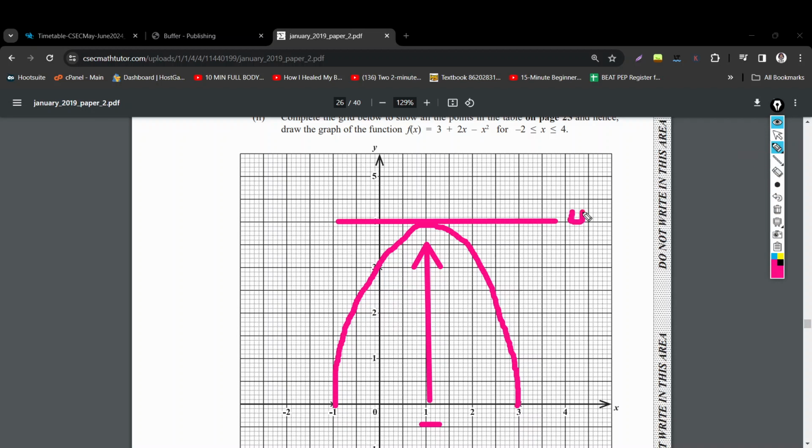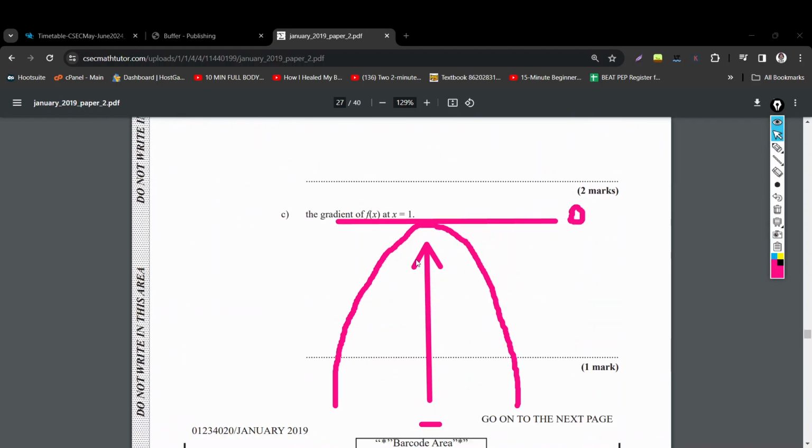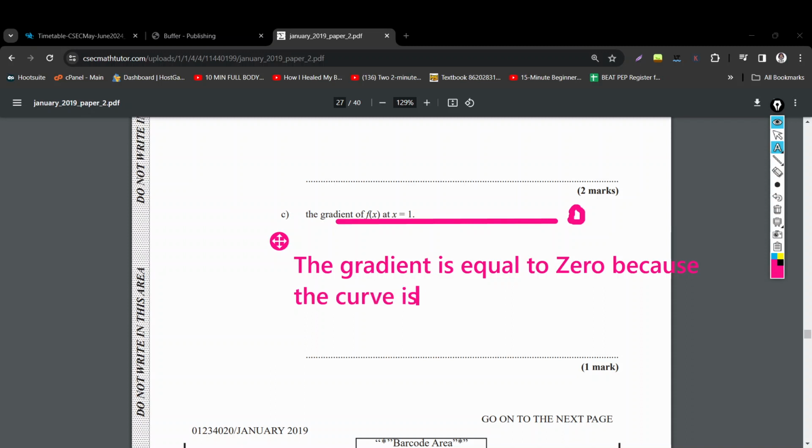So the gradient is equal to 0 right there, because the curve is not going upward or downward at that point. Cool?